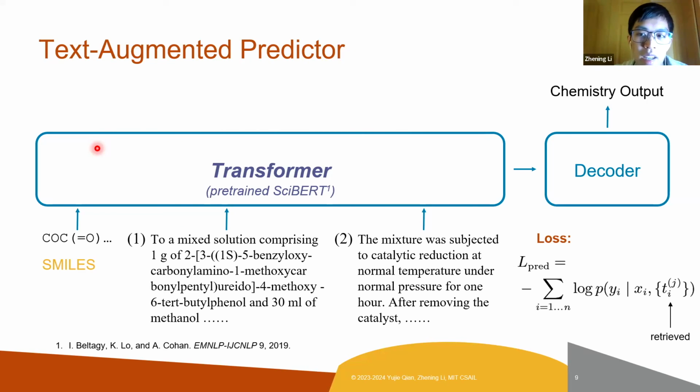And then after this, we get a probability distribution over all templates and also locations to apply the templates. And we take the template and the location of applying it to be the one with the highest probability. So that is our template-based model. It is essentially the same as LocalRetro.